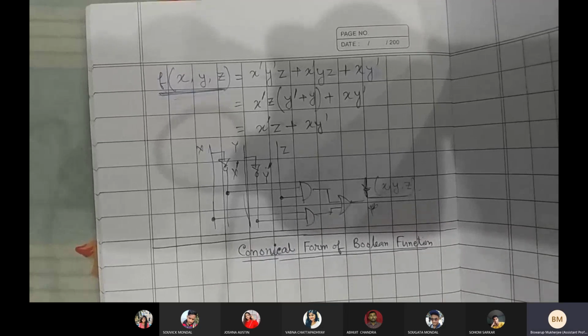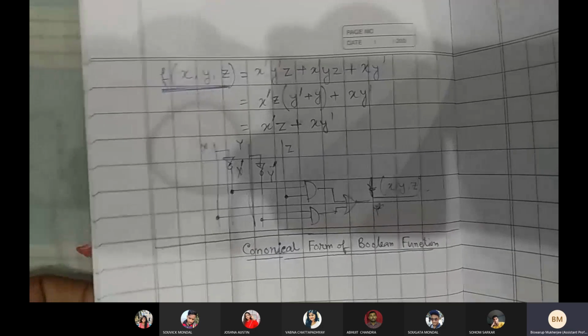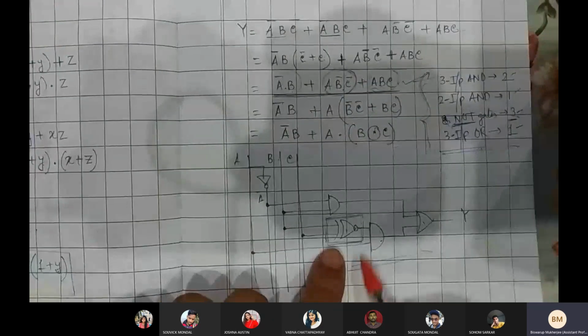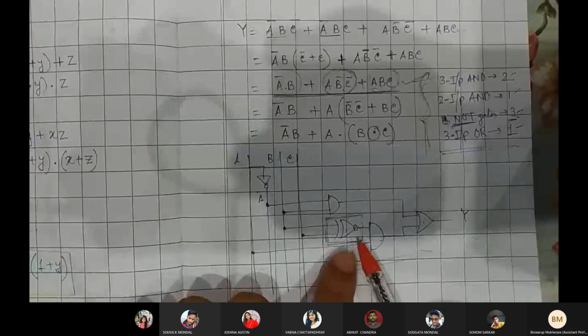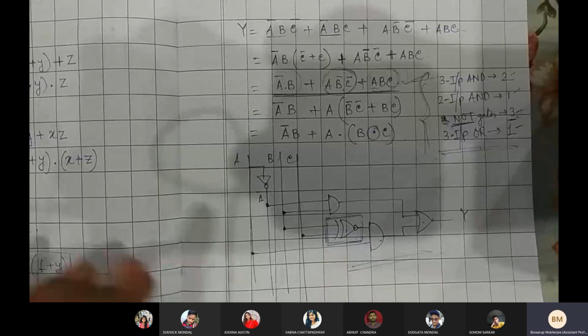What is that? Now, in our last circuit, I mentioned that I will not prefer this XNOR based circuit. Why?